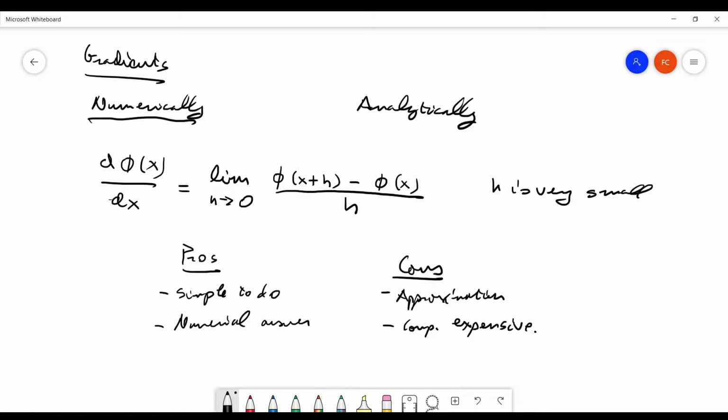So in deep learning, we don't actually solve the gradient numerically. We solve it analytically, and the process for this is called backpropagation.